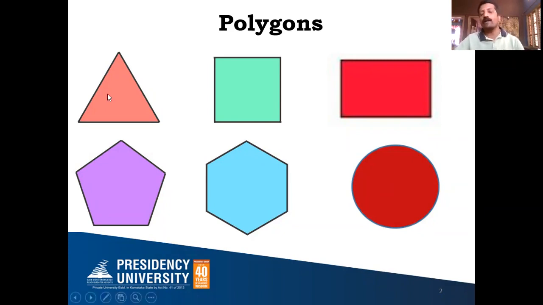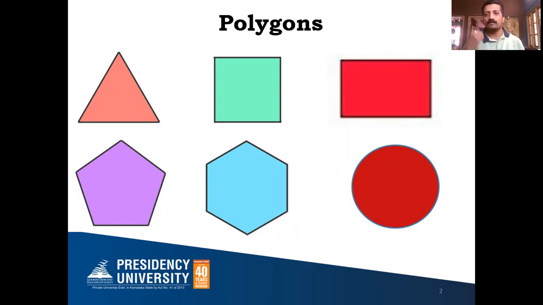For this equilateral triangle, not only are all three sides equal, the three angles are also equal. Each angle is 180 by 3, that means 60 degrees. This is the equilateral triangular lamina.